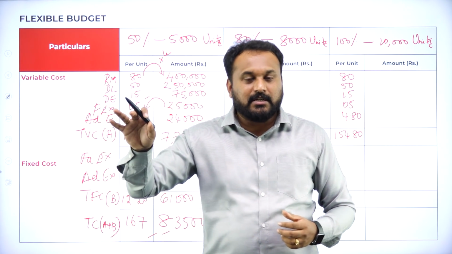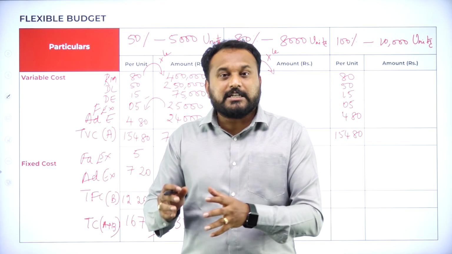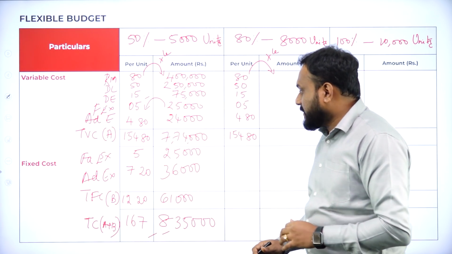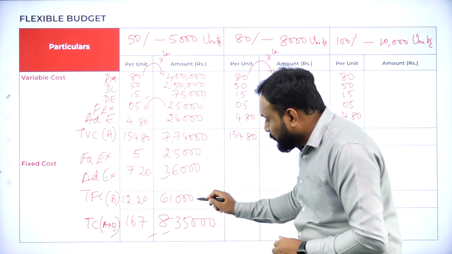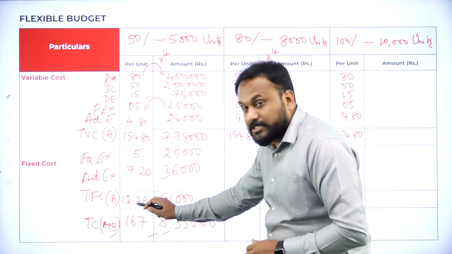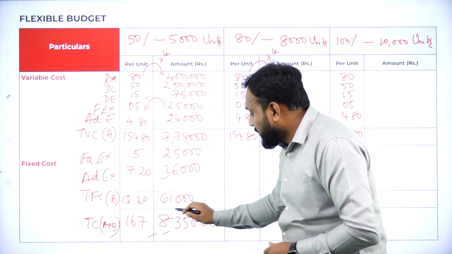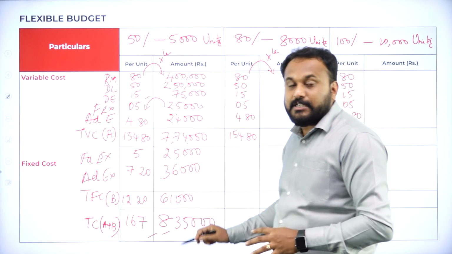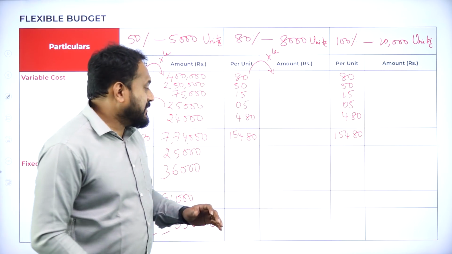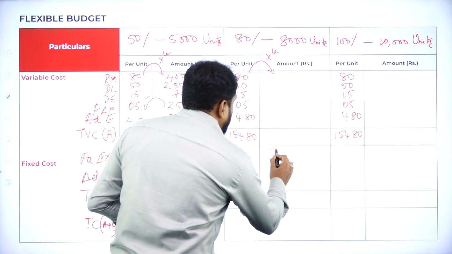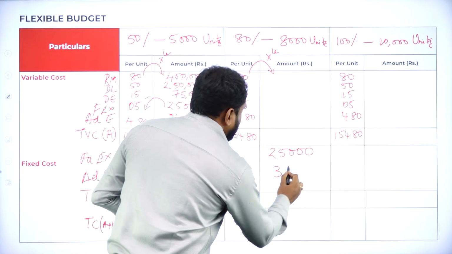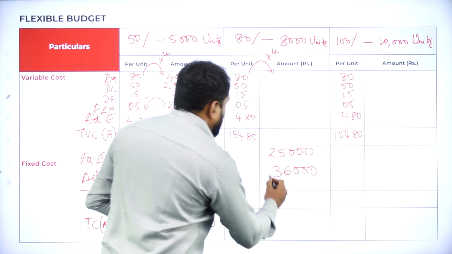Total fixed cost will not change, but fixed cost per unit will change. The minute I get this information, see, this is the total fixed cost and this is fixed cost per unit. This will change, but not this one. When these will not change, I should just write the same. Here 25,000. Here I should write 36,000. What is our total?